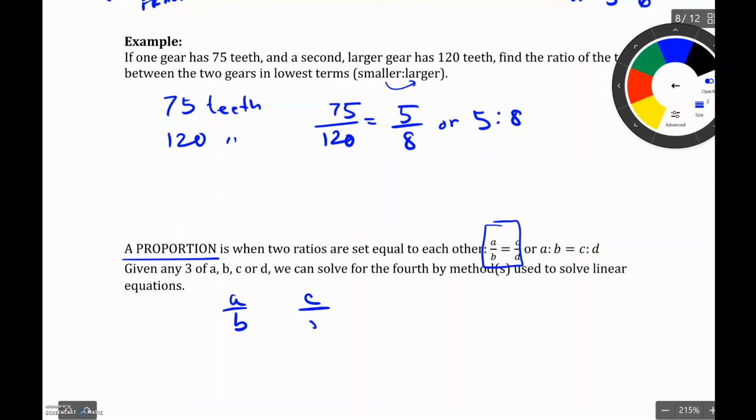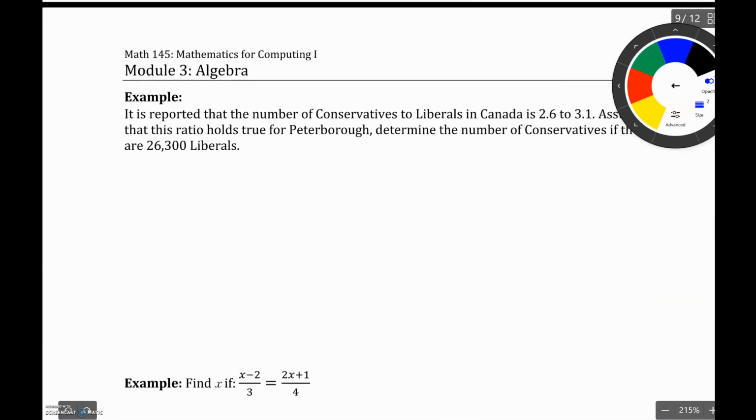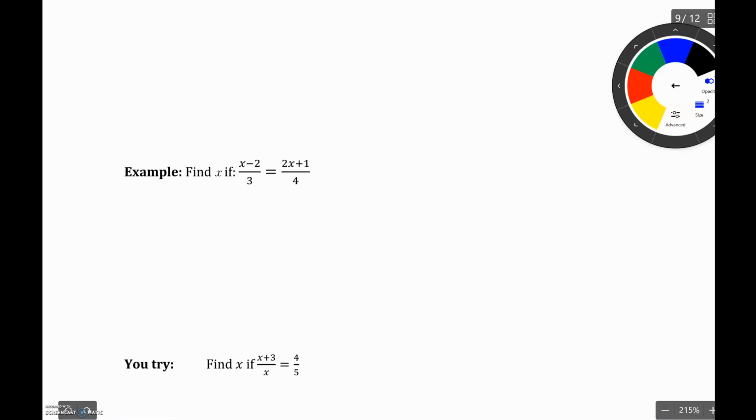I have C over D, which is another ratio. And if I make them equal, then now I have a proportion. And of course, you could solve for either A, B, C, or D using the method of solving equations, which we learned earlier.